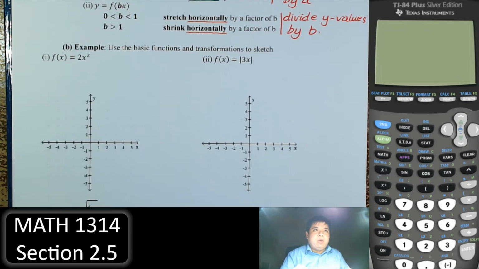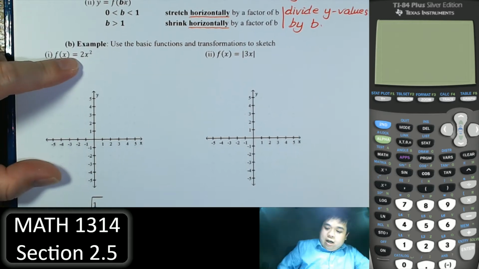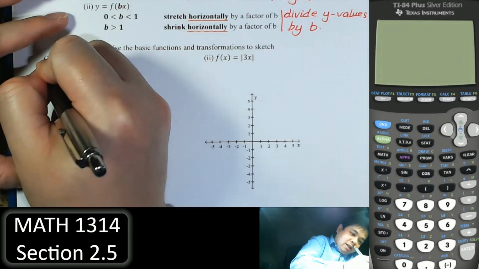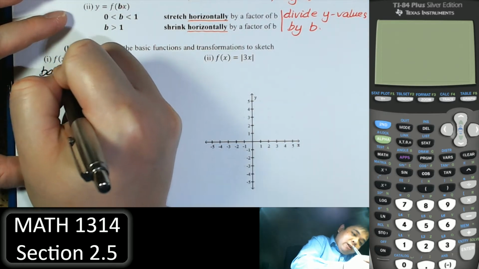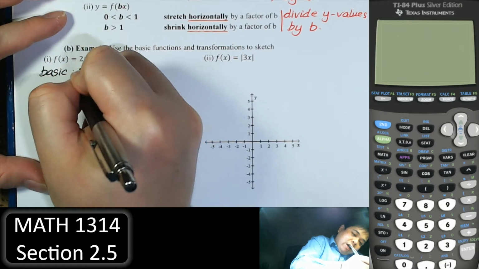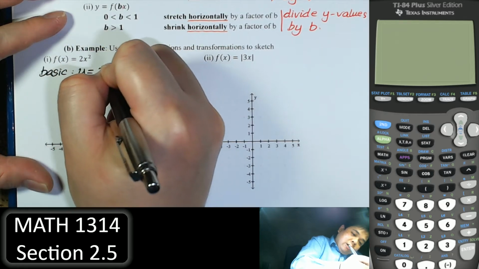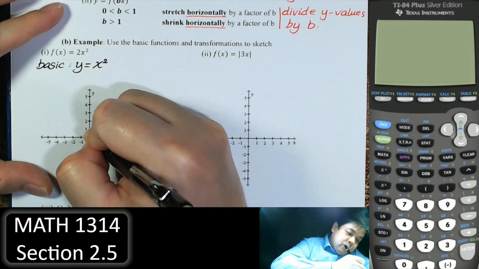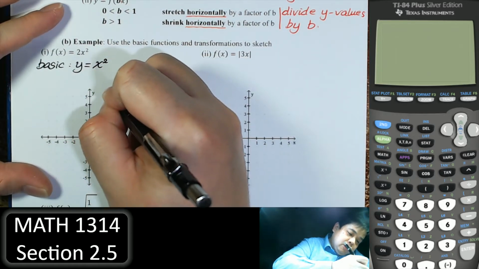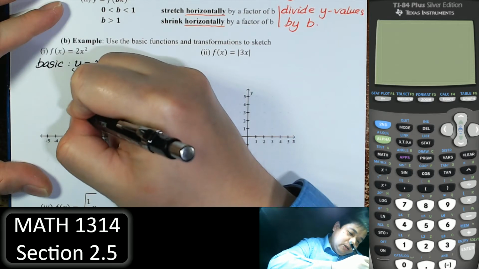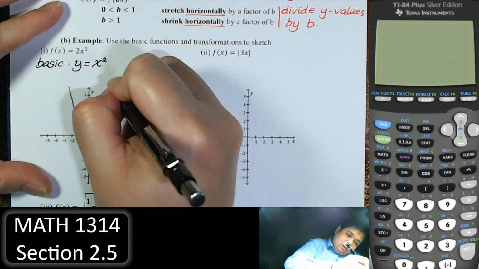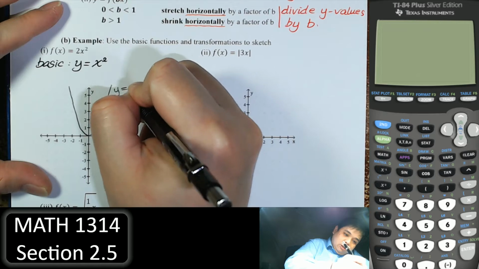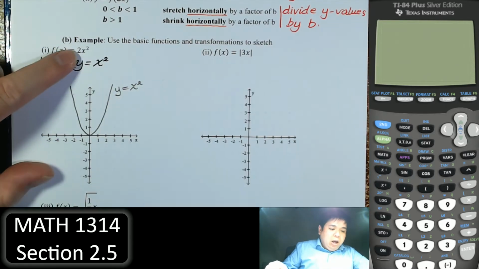Right, simple enough. Let's look at this. This is the basic graph of y equals x squared. That's what we have. So x squared is a parabola. Now, we have a 2.